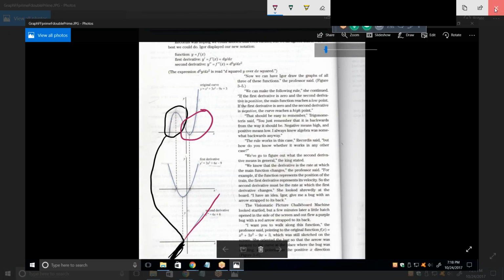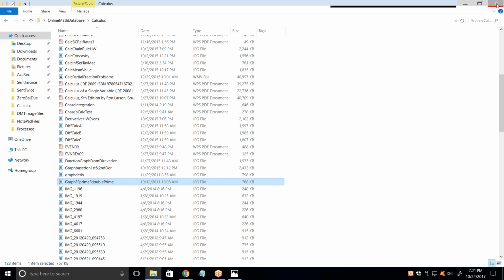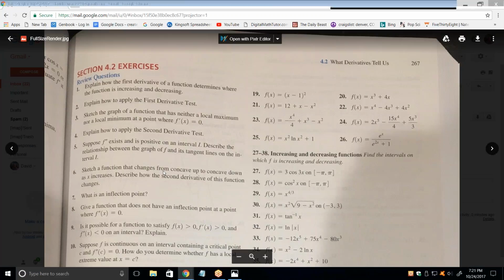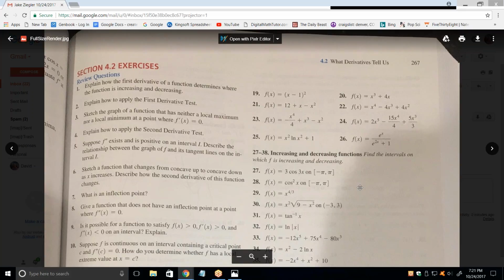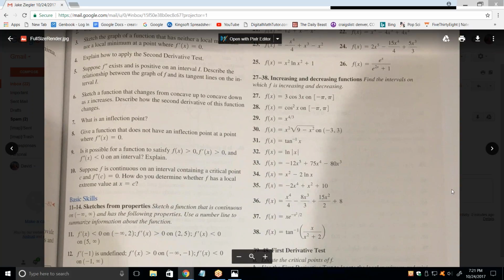I don't need to keep this chart up here. I'm going to minimize it in case we need it again. But let's go back and look at these questions. Let me look at 5. I'm going to try to do these quickly.